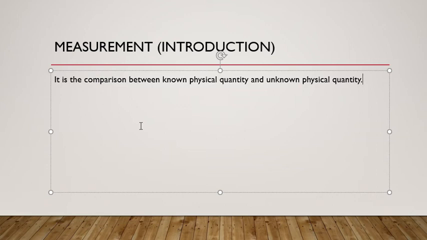My one friend is smaller than the next one, which means I am comparing them. In the same way, if I compare a known physical quantity with an unknown physical quantity, that process is known as measurement.